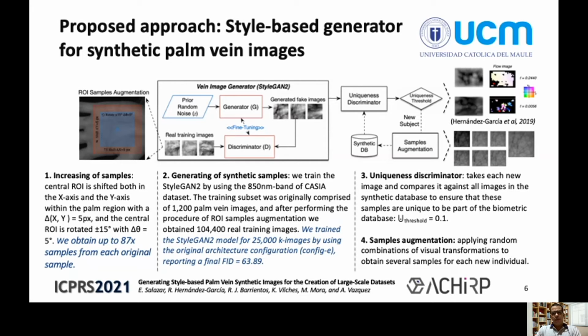For example, blurring variations, contrast, and lighting, and those produced by the location of the hand on the device, I mean translation and rotation. Therefore, by applying random combinations of these visual transformations on the generated image, we obtain several samples.